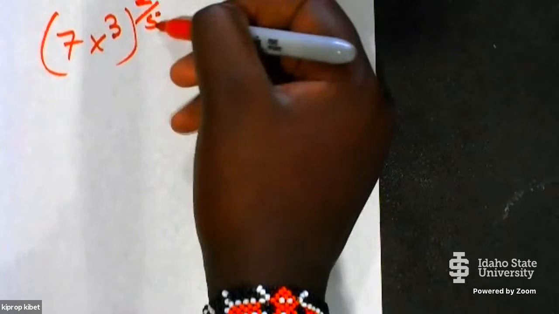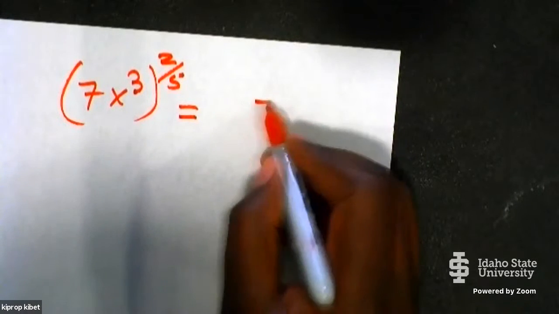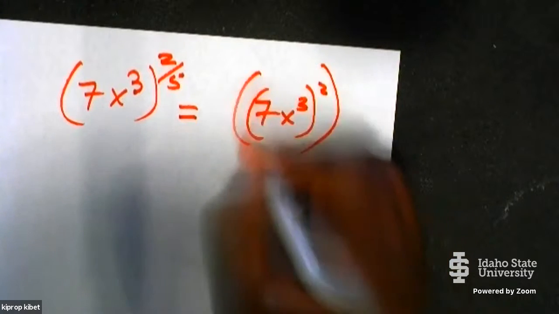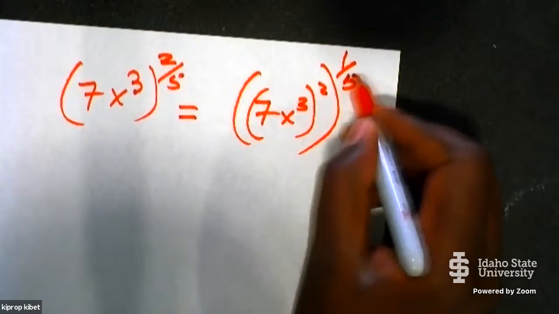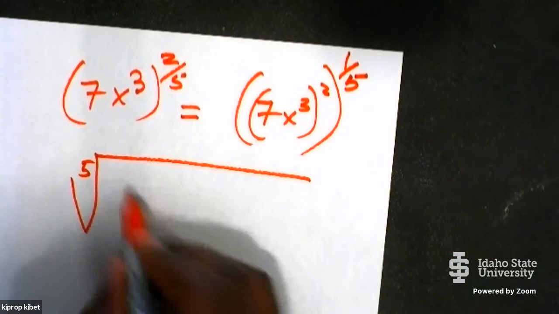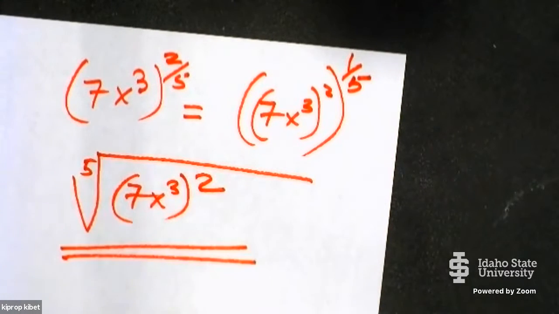So when it is 2 over 5 here, then that means this is similar to 7x cubed squared, and then raised this one to 1 over 5. And this is also similar to the 5th root of 7x cubed squared. So that is in radical form.